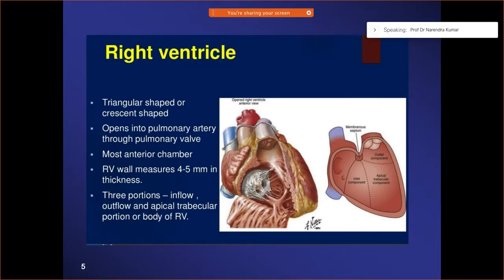And indeed, let's not forget, this is the most anterior chamber. It has three different portions: the inflow, the outflow, and also the apical trabecular portion.